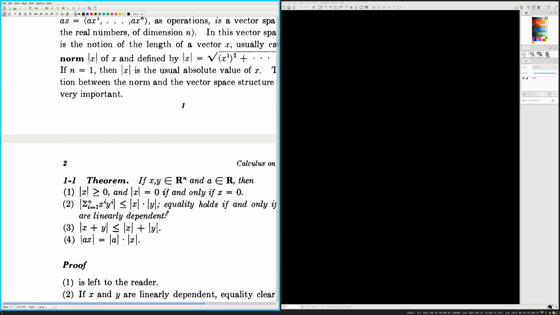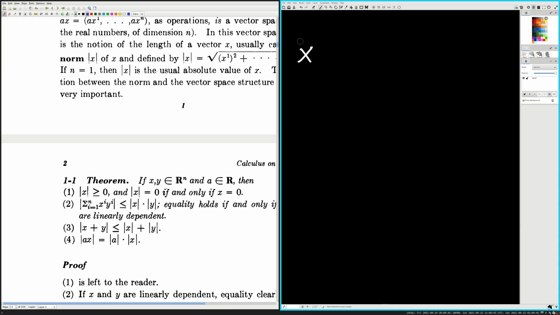So let me draw this out. This quantity in here is called the dot product of the vector x dot y.